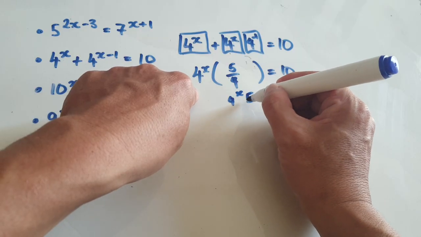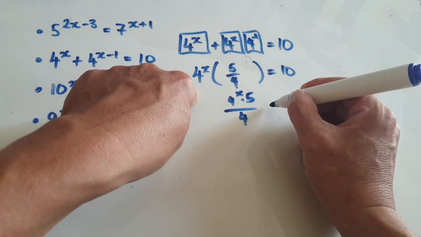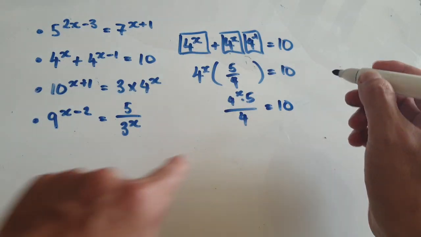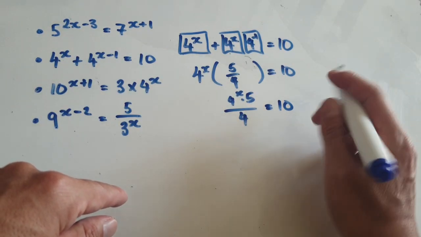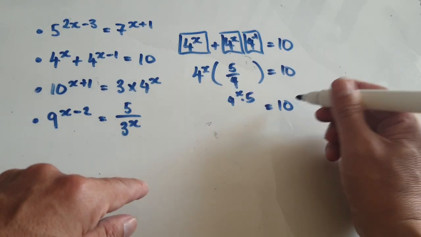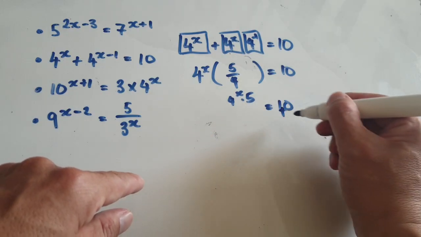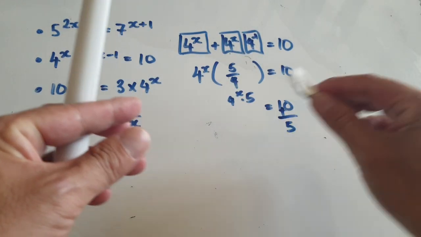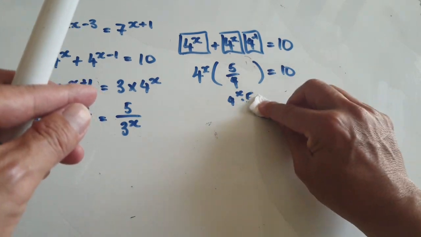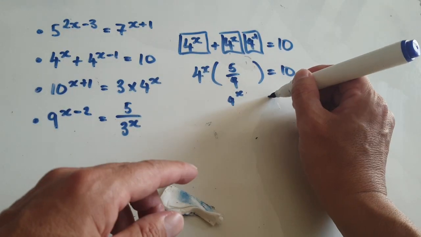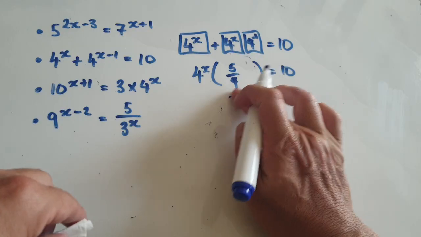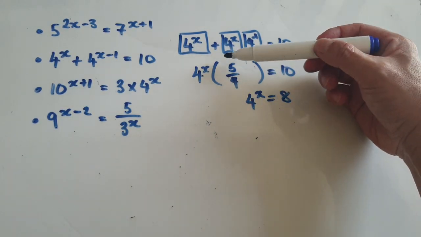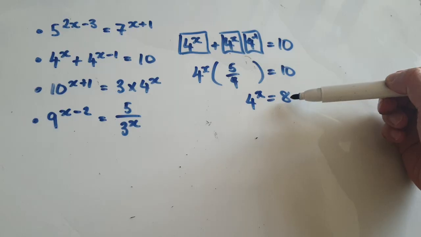Times 5 over 4 equals 10, times 4, and then divided by 5. So that would be 8. So this thing here would be 8. In short, divide both sides by this thing here, and it should be 8.